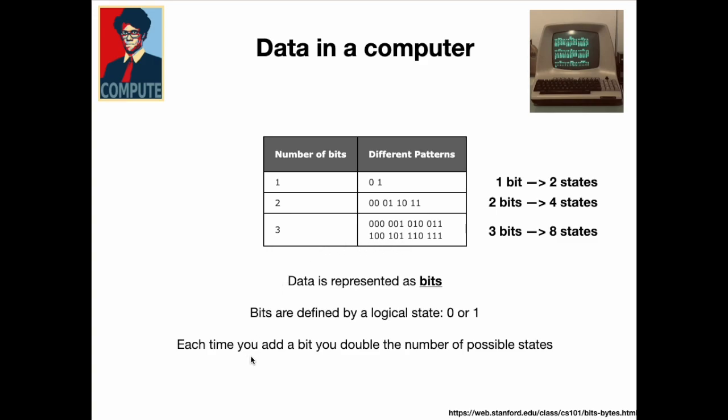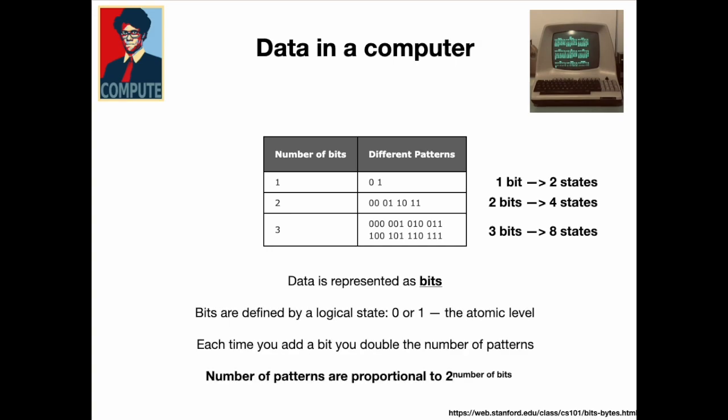So each time you add a bit, you double the number of possible states. 1 bit, 2 states. 2 bits, 4 states. 3 bits, 8 states. So the number of patterns, or the number of states, are proportional to 2 to the power number of bits.